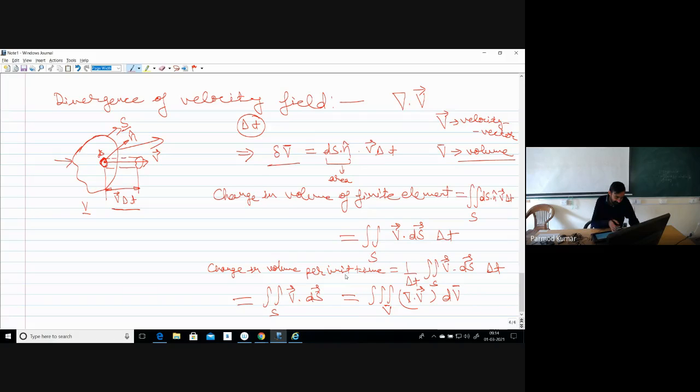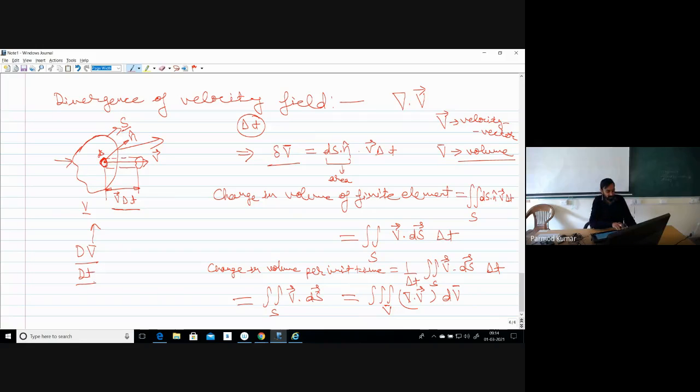At this particular location, if I apply the principle of substantial derivative for finding the change in volume of the moving control volume, then by the definition of substantial derivative, the change in volume of this particular moving fluid element at this location will be equal to dV bar by dt.